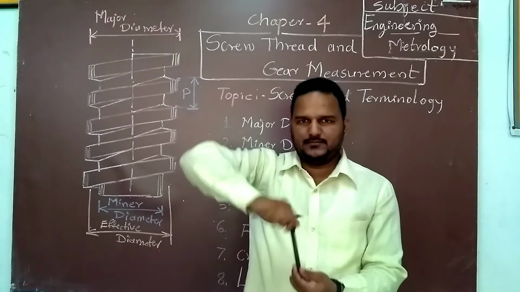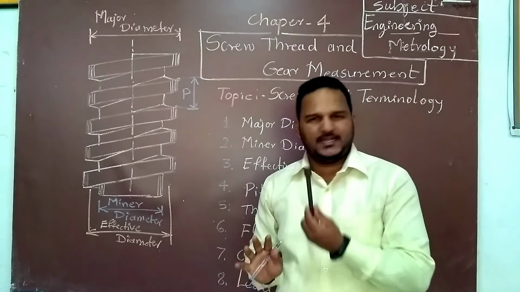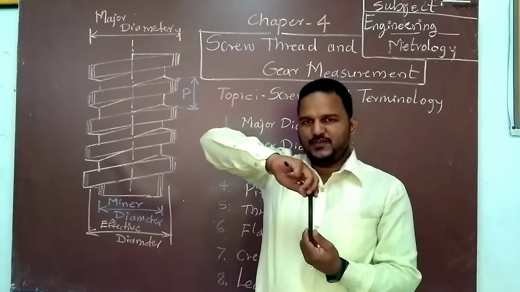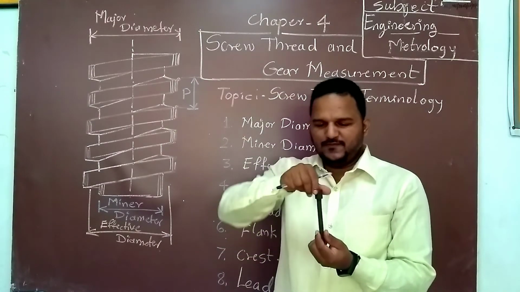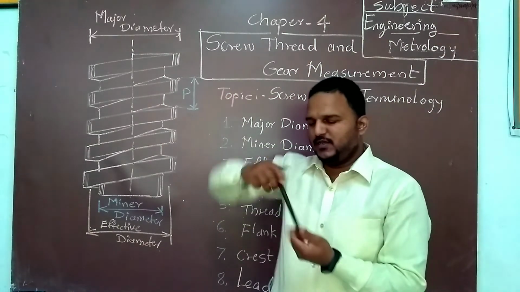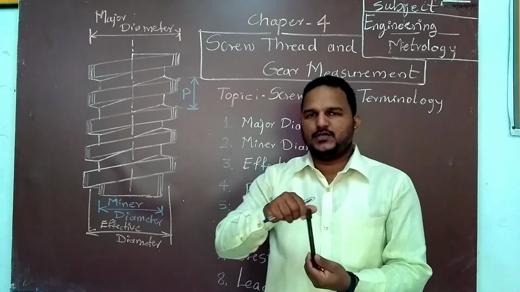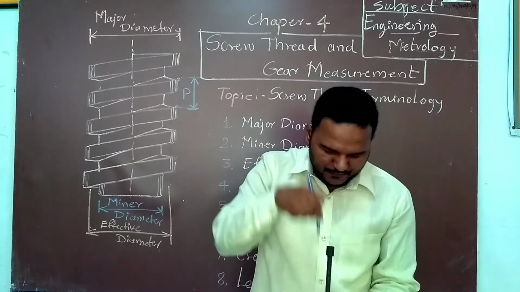We tighten it. Okay. Normally in general practice, we most of the time prefer right hand threads, where we tighten when it is moved in clockwise direction, and when we have to release it, we move in anti-clockwise direction. So anti-clockwise direction we remove it, clockwise direction we tighten it. So during the clockwise direction, this point moves downward, or you can say away from the observer.